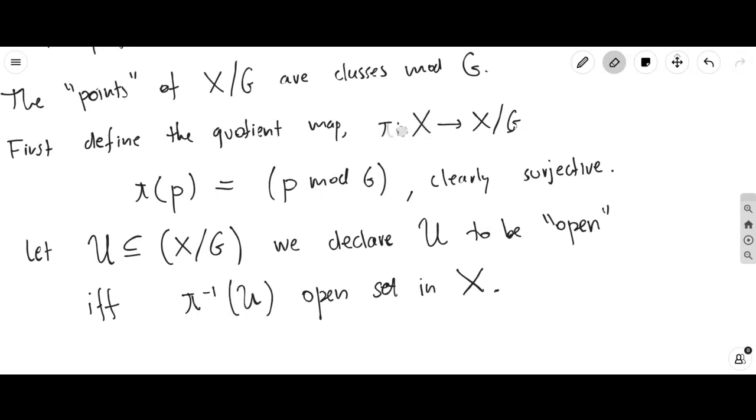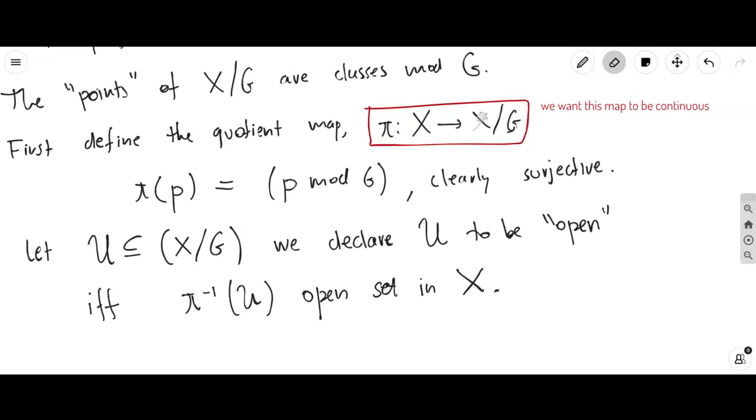Now, this is reasonable because we want this map to be continuous. This is sort of an obvious mapping. But to be continuous only makes sense once you put a topology on this. So to put a topology, you have to say what it means to be open.